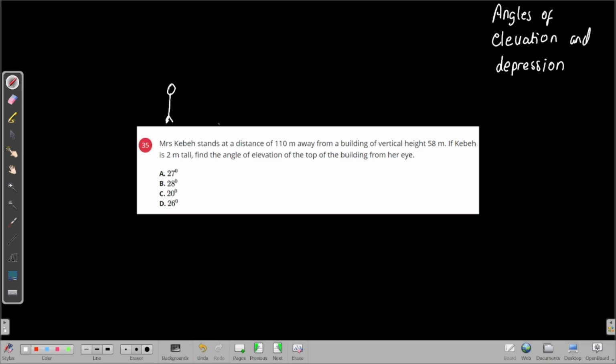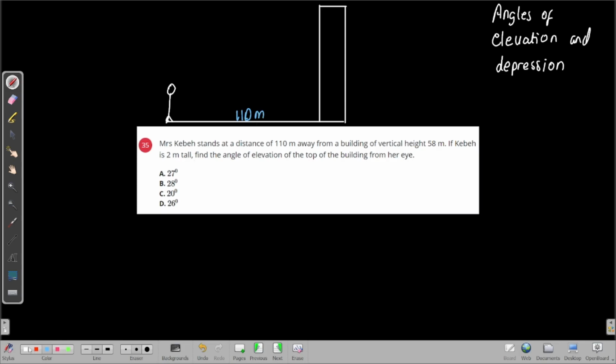She is standing at a distance of 110 meters away from a building. Let me draw the building. This is the building, and this is where she is. This is the ground. The distance between the woman and the building is 110 meters.